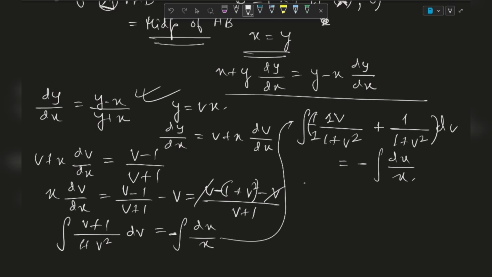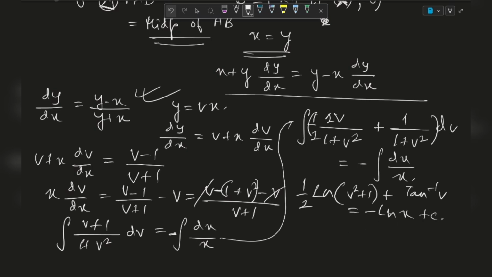This is pretty simple stuff. I will write this out in one step. This is half of ln of v squared plus 1, plus tan inverse v, which is equal to minus of ln x plus c. Since I've written ln here, I will better write ln.